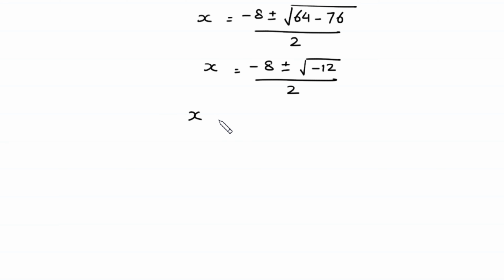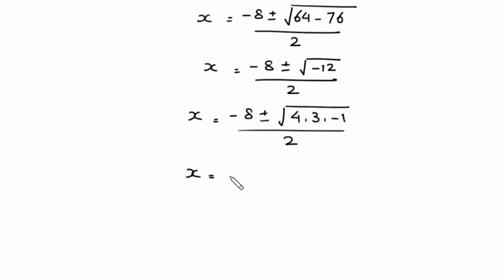Next, x is equal to negative 8 plus or minus square root of, we can write this negative 12 as 4 times 3 times negative 1, divided by 2. Next, x is equal to negative 8 plus or minus square root of 4 is 2 times square root of 3.